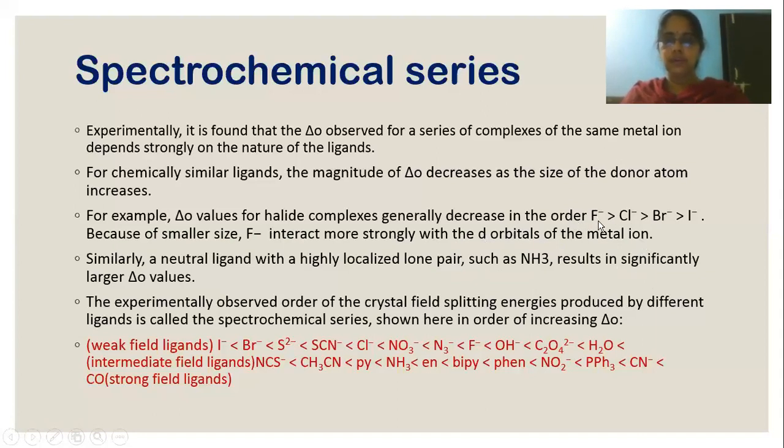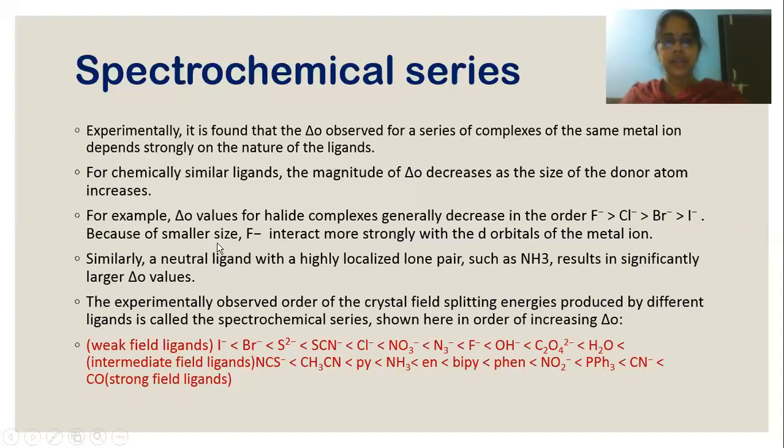So the fluoride complexes give more crystal field splitting energy values. The greater the CFSE value, the greater is the stability of the complex. Among all the halide ions, fluoride gives the highest CFSE values, so fluoride complexes are more stable than the other halide complexes.